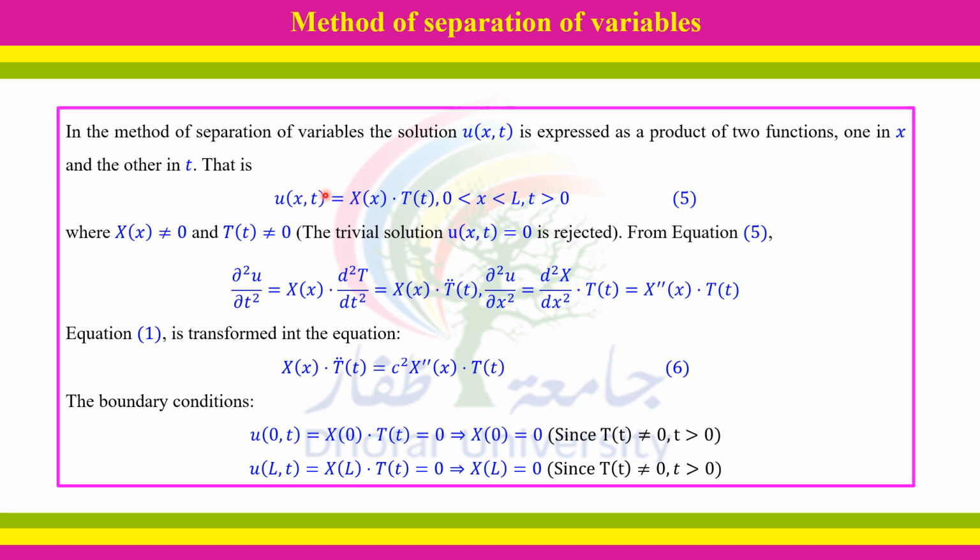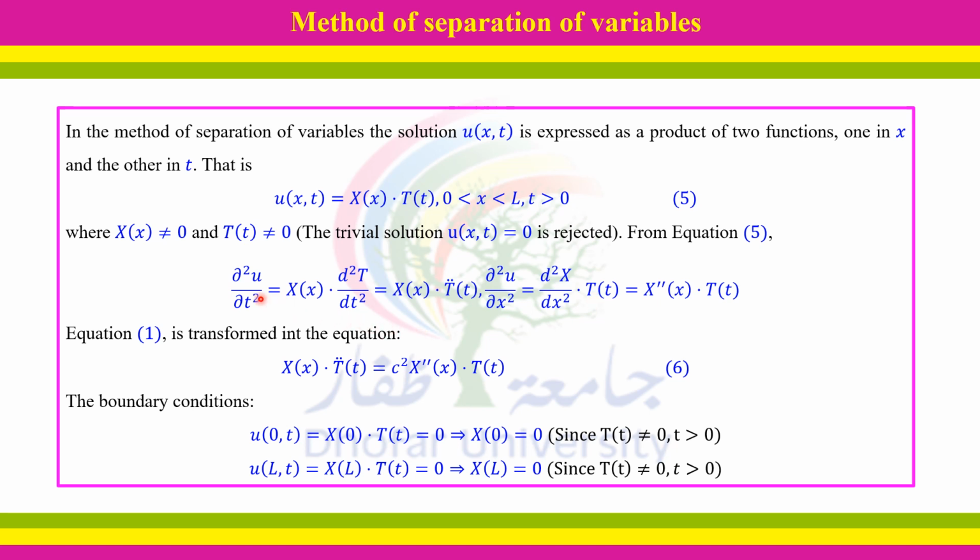The same for the second partial derivative of u with respect to x, where t of t is considered a constant, and then it becomes the second full derivative of x multiplied by t of t.